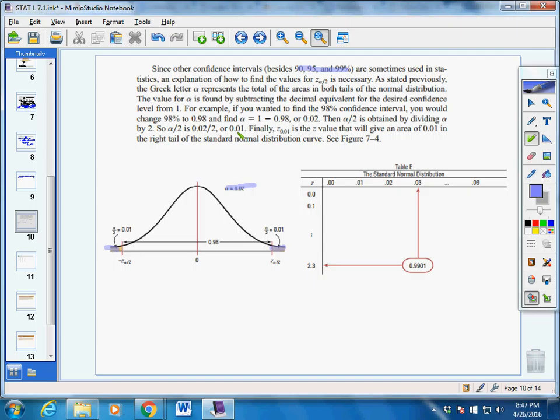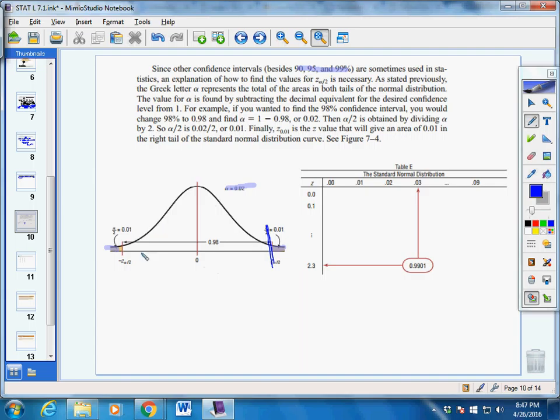If you were to look on a table, we're actually going to use 0.99, because remember, the table is going to tell us up to this line right here.